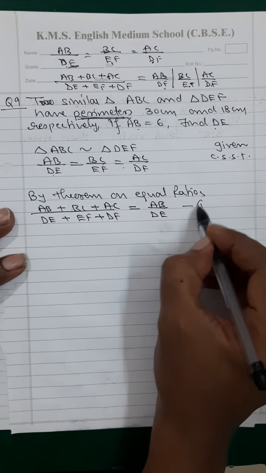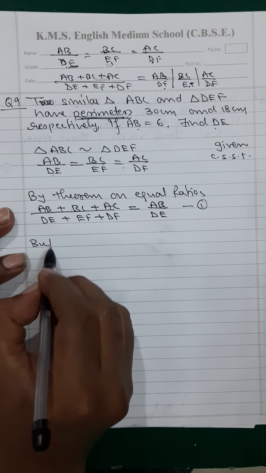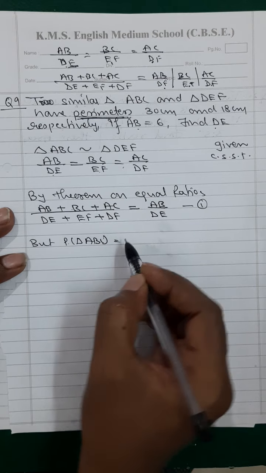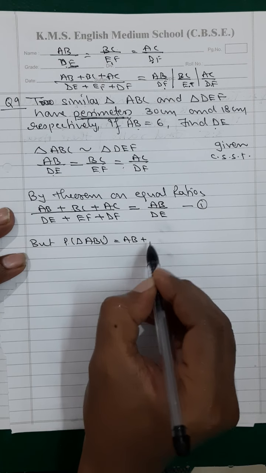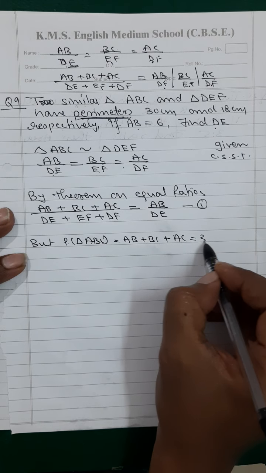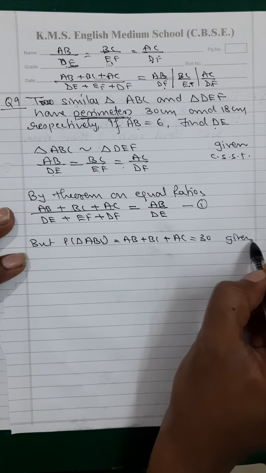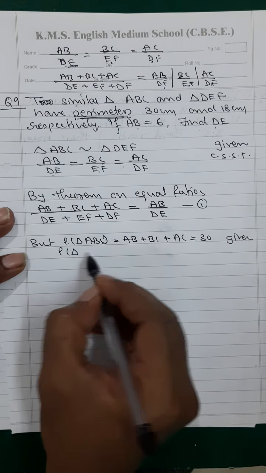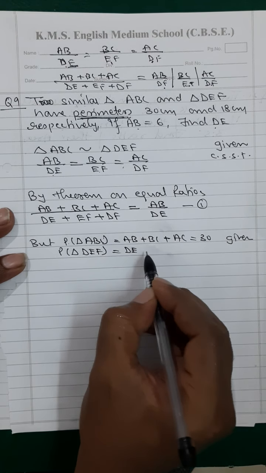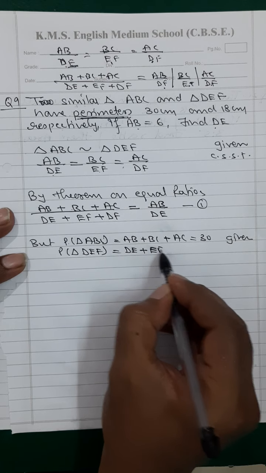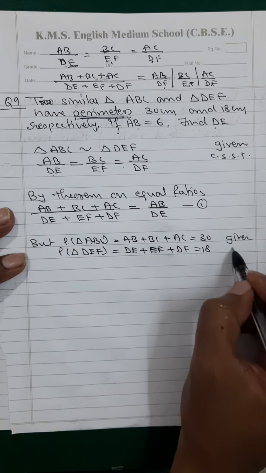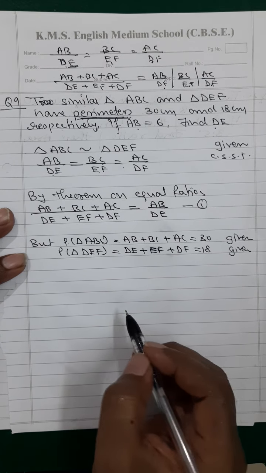Fine. But perimeter of triangle ABC is equal to AB plus BC plus AC, which is equal to 30 they have given. Perimeter of triangle DEF is equal to DE plus EF plus DF, which is equal to 18 they have given.